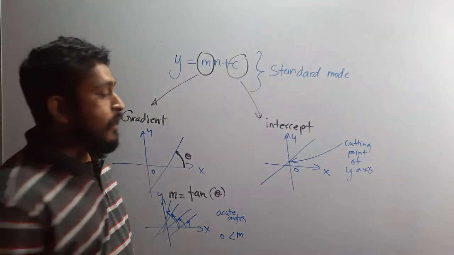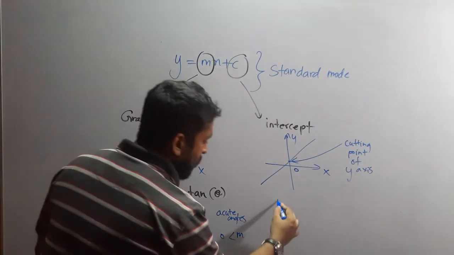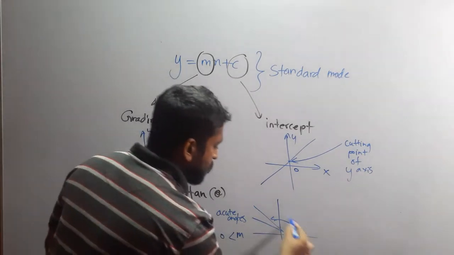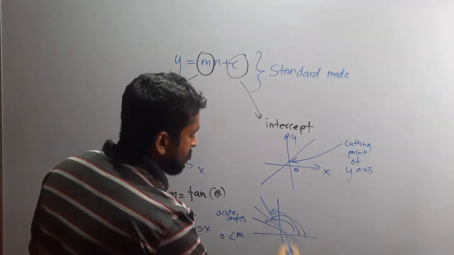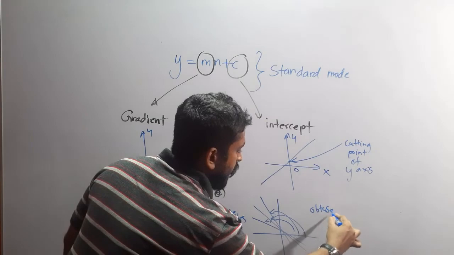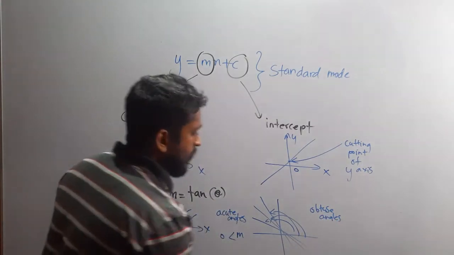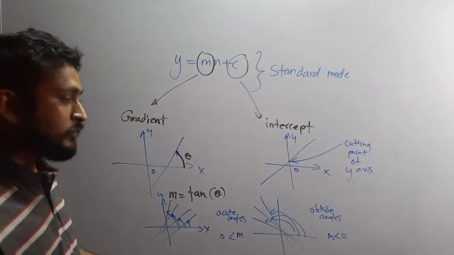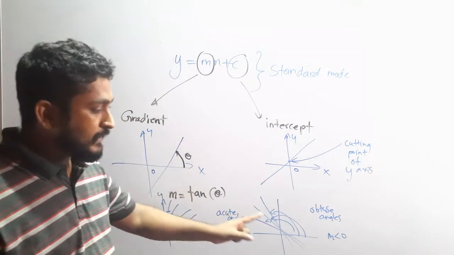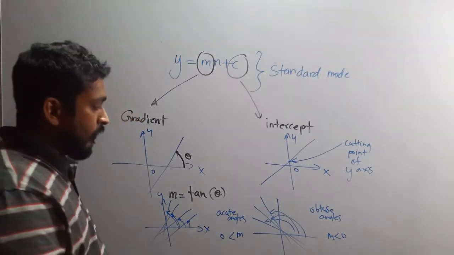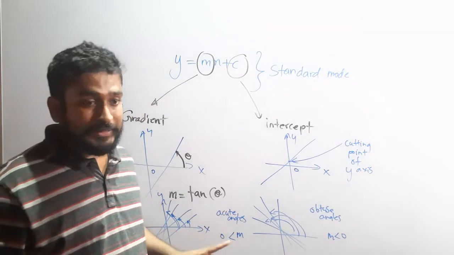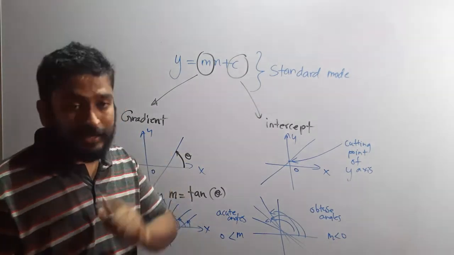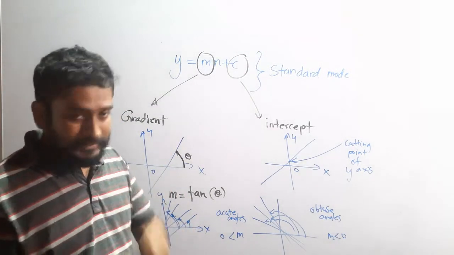When it is an obtuse angle, m is negative, because when theta is obtuse, tan theta is negative. That is the reason.